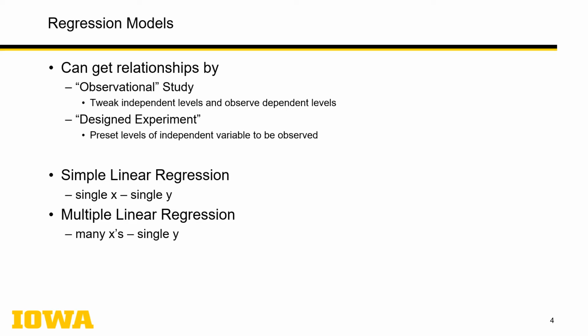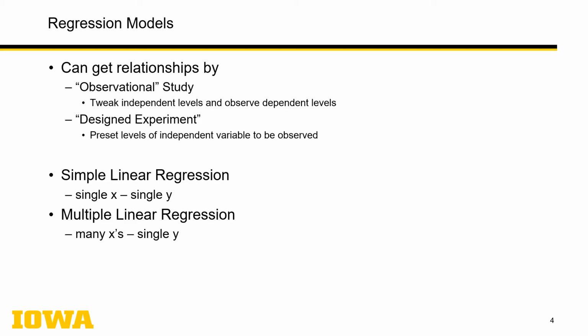A designed experiment, on the other hand, is where you have the ability to preset the levels of the x, the independent variable, to be observed, and you can then say, I'm going to take or modify x 10 times and observe the y's that result from it.